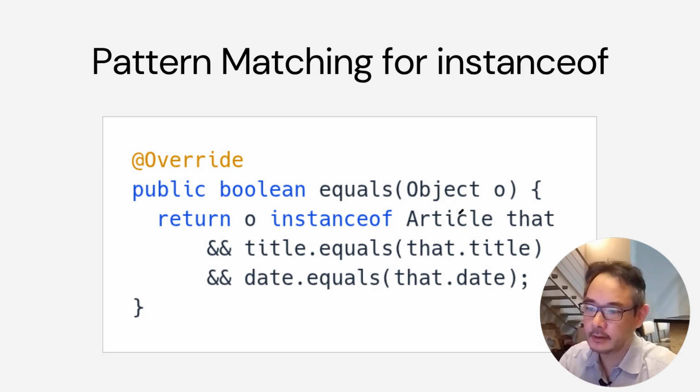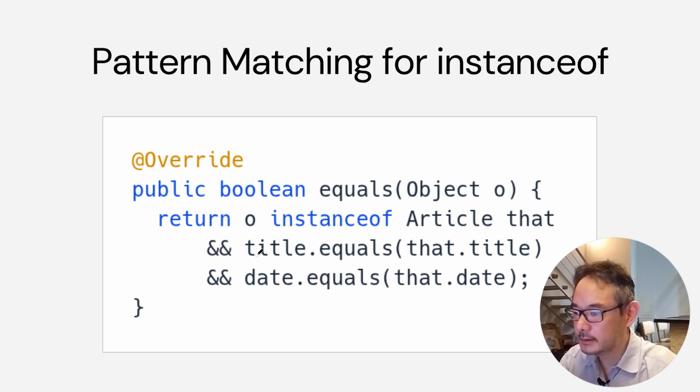If the object is in fact an article instance, then we're saying that we wanted to cast the object to an article and assign it to the article variable.